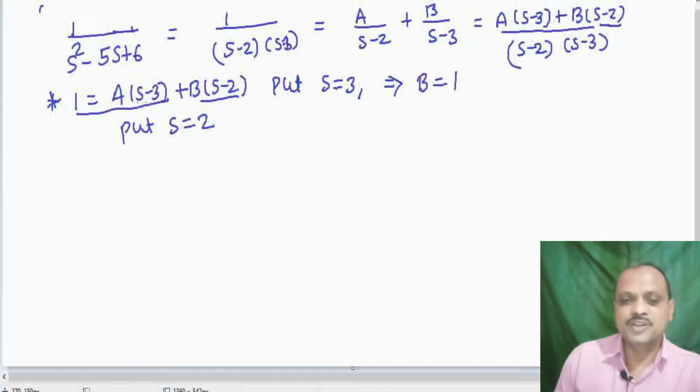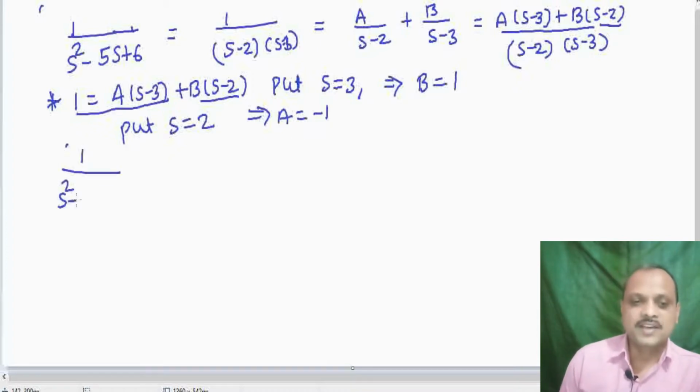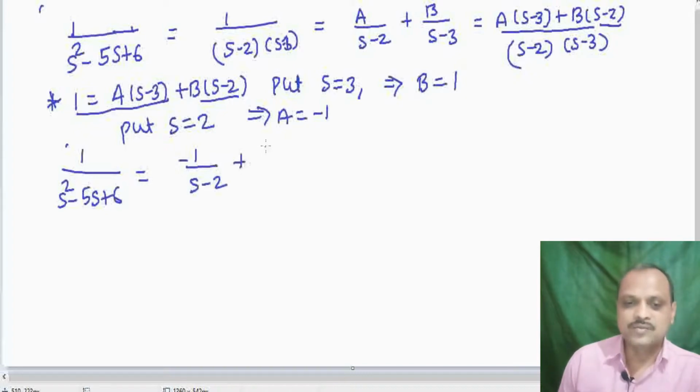If we put s equal to 2, this term will be 0, and 2 minus 3 gives minus 1, and hence A equals minus 1. Therefore 1 divided by s square minus 5s plus 6 is converted into minus 1 divided by s minus 2 plus 1 divided by s minus 3.